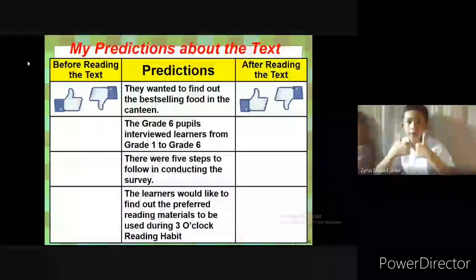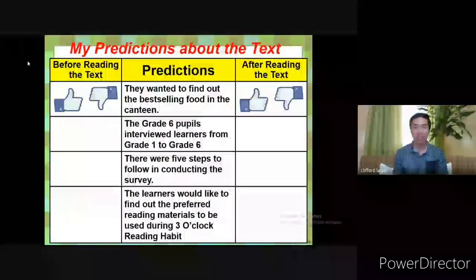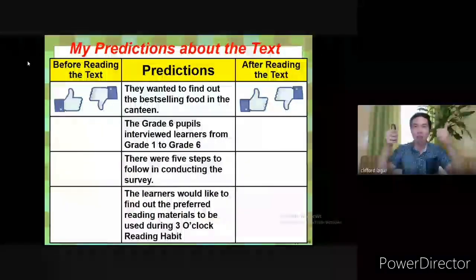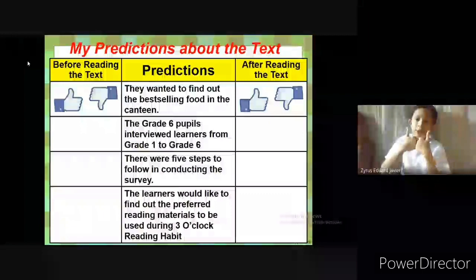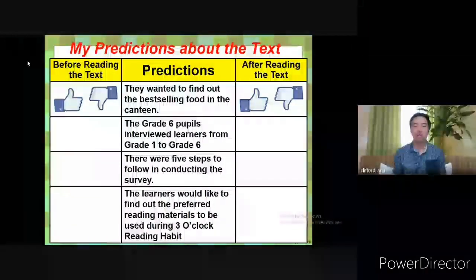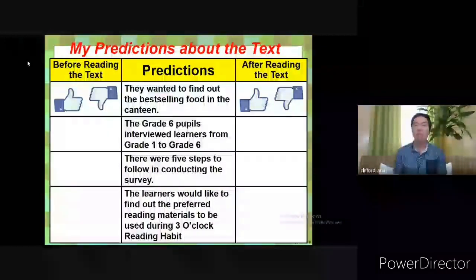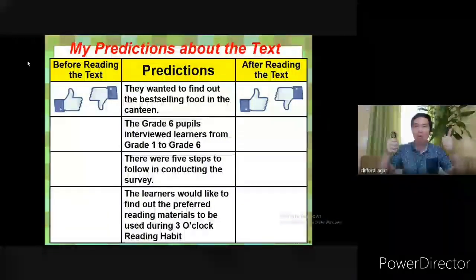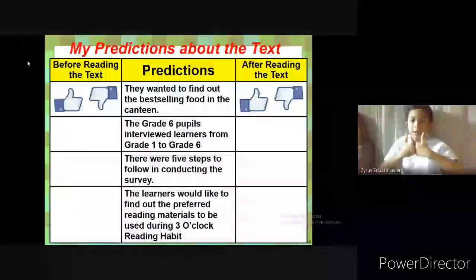Thumbs up, sir. Okay, now there were 5 steps to follow in conducting the survey. Thumbs up, thumbs down. Thumbs up, sir. Next, the learners would like to find out the preferred reading materials to be used during the 3 o'clock reading habit. Thumbs up or thumbs down? Thumbs up, sir.